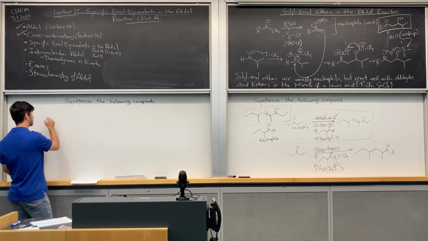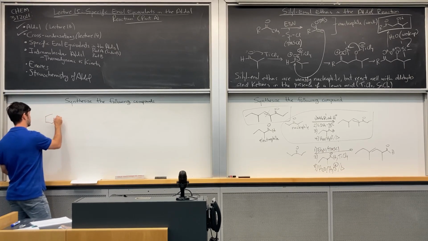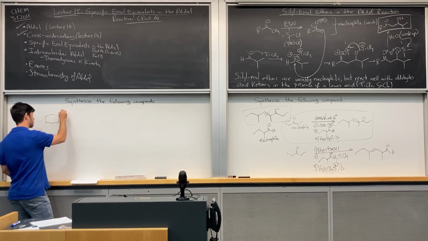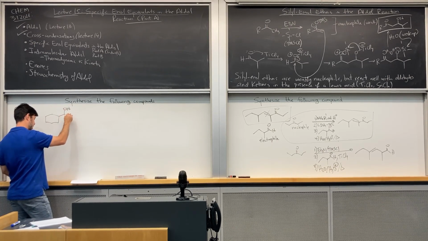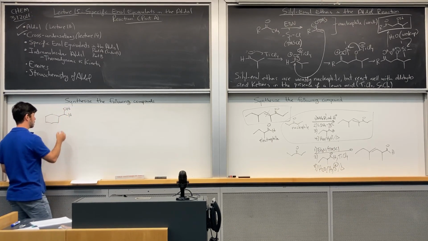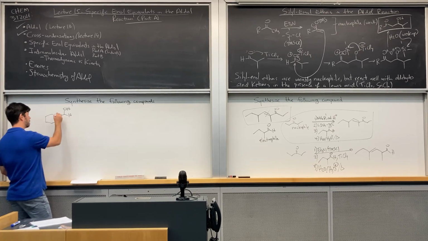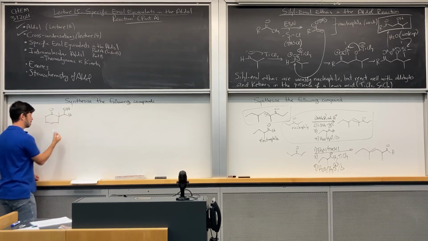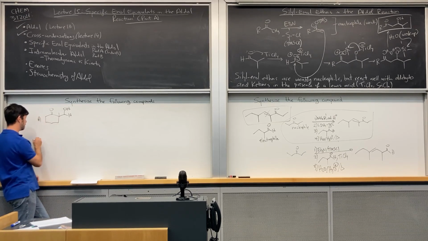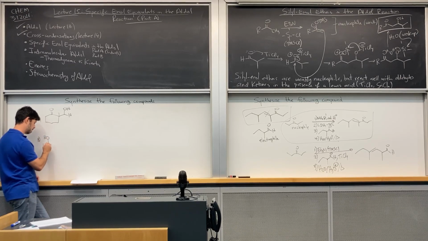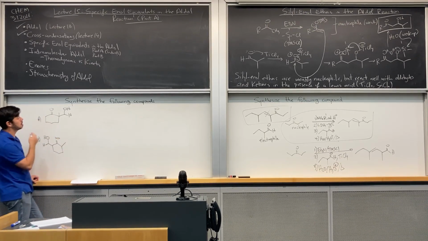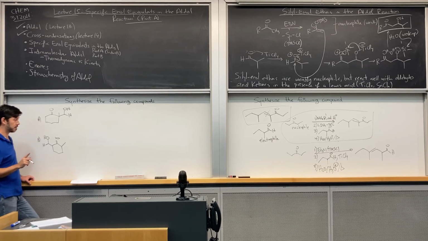Okay, so one of them is this one here with a methyl group, so we'll call that A, and then B will be this one. So synthesize these compounds, again using aldol of course, and let's take a look first at how we're going to break these up into our key building blocks.